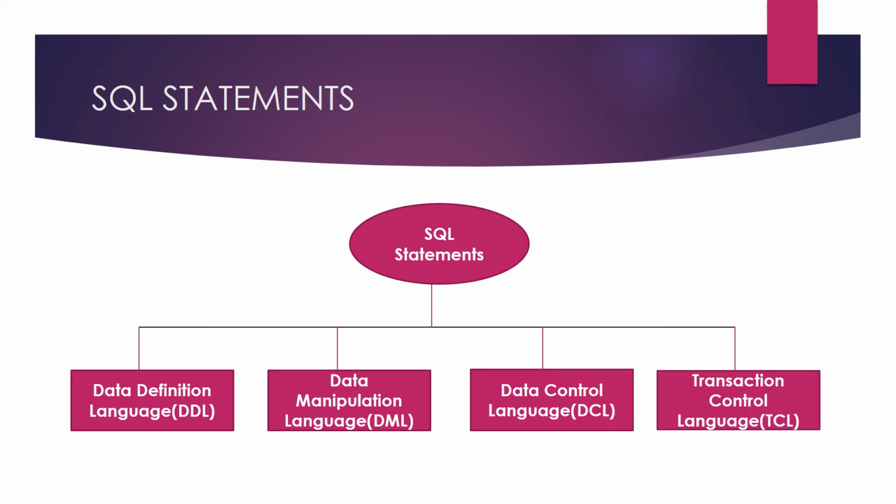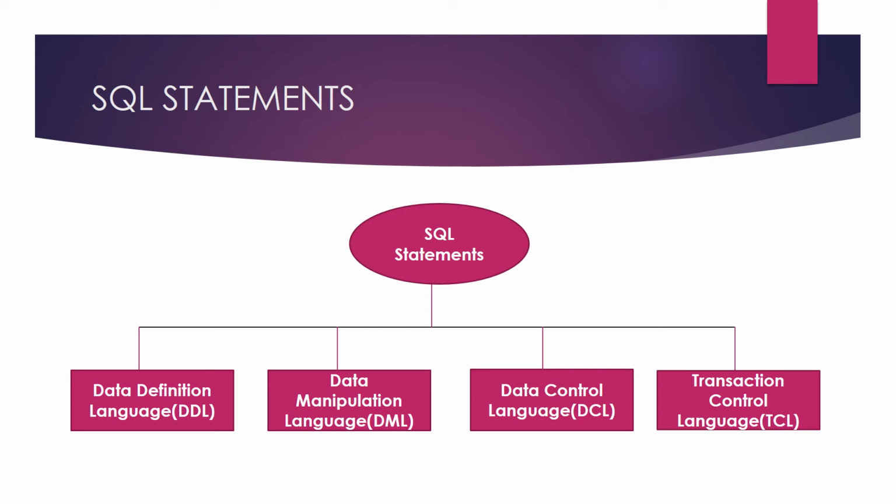SQL statements. SQL statements are also known as categories of SQL statements, or you can say types of SQL statements. First type of SQL statement is data definition language. Second one is data manipulation language. Third is data control language. And fourth one is transaction control language.